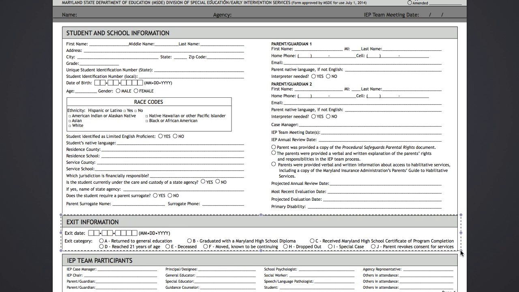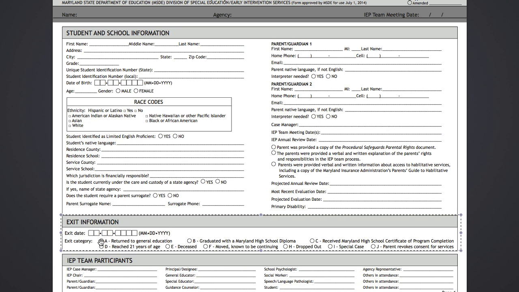So reason A here is that they're returning to general education, and potentially in that situation, the IEP team may have determined that as a result of having met the objectives on his or her IEP, the student is no longer eligible for special education services and no longer needs the services that are outlined on the IEP.